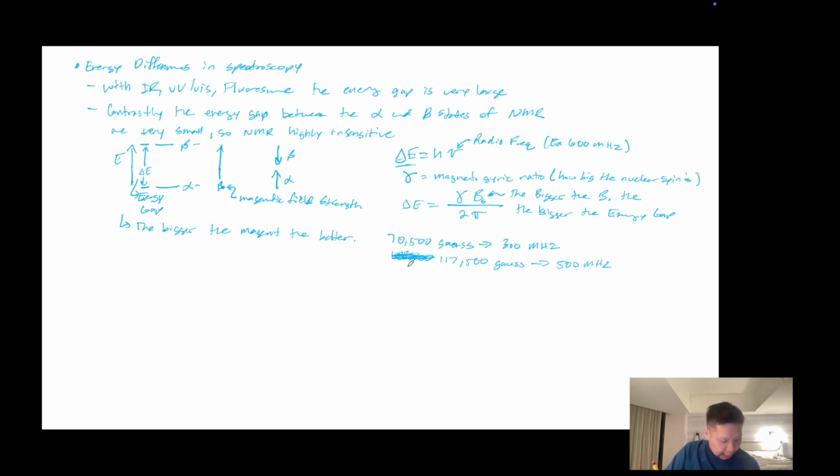And if we had a 188,000 Gauss magnet, that would yield us an 800 megahertz instrument.